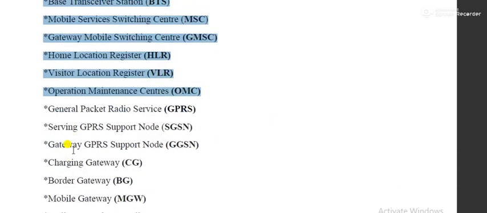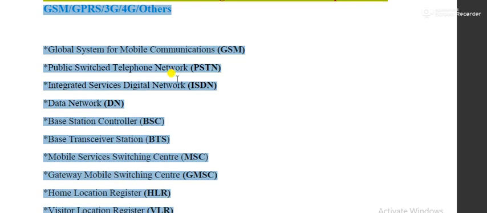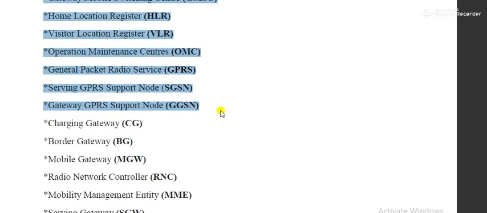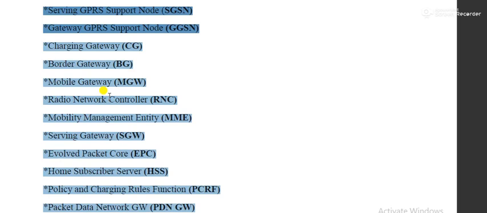Then including the above, GPRS, SGSN and GGSN are components used for 3G, and then including the above, the remaining ones are all used in 4G and so on.